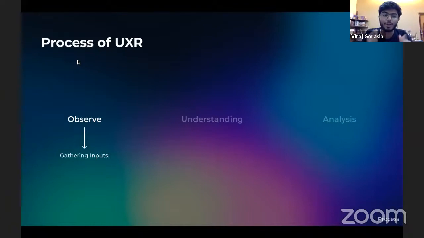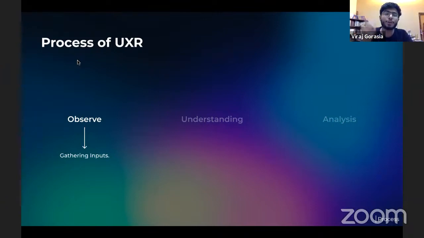So it starts with observation. As a researcher, you need to observe, you need to understand the problem statement. How we did it in BlueLearn's case study was that we spent a week just observing people in the BlueLearn Discord server. We spent hours and hours on the VCs where we were just listening. We were not even unmuting ourselves or giving any input from our side.